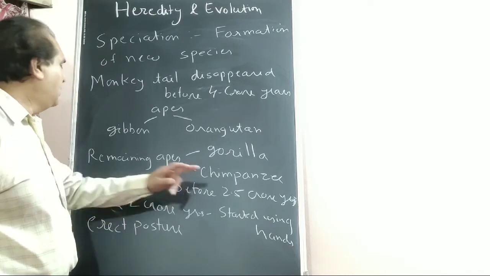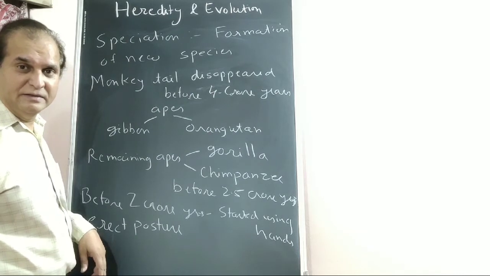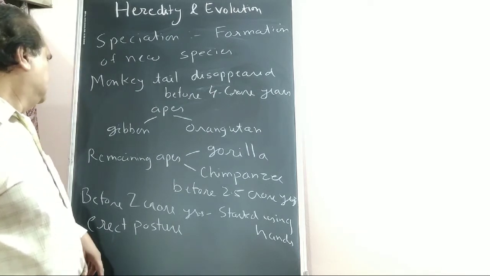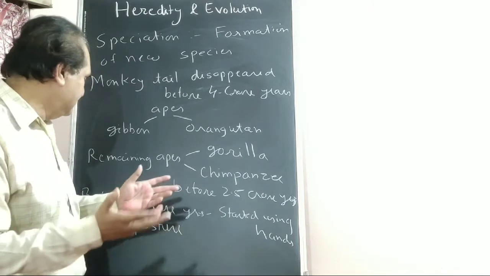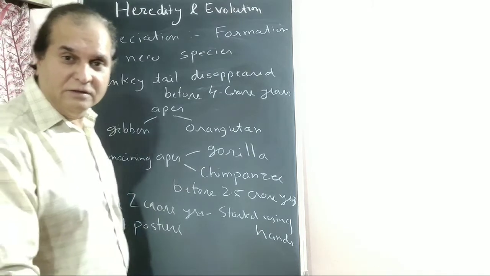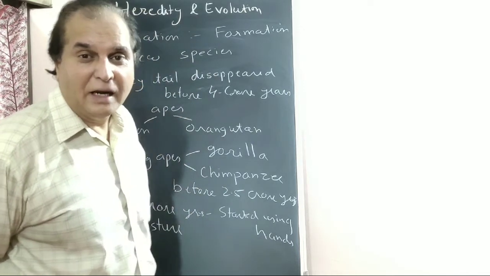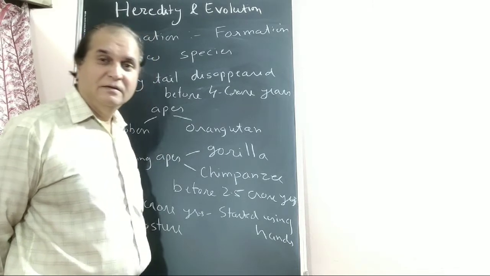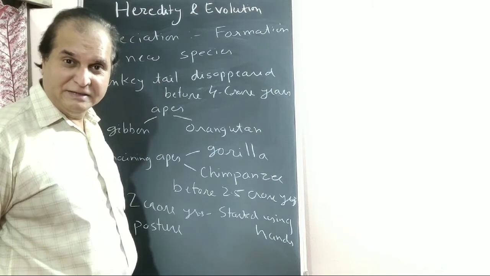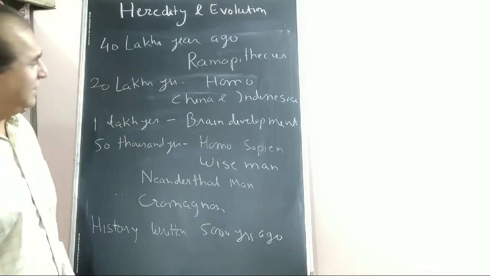Before 2.5 crore years, remaining apes became gorilla and chimpanzee. Then before 2 crore years, apes started using hands and erect posture and started walking. Around 40 lakh years, Ramapithecus, the first apes, started using their brains.